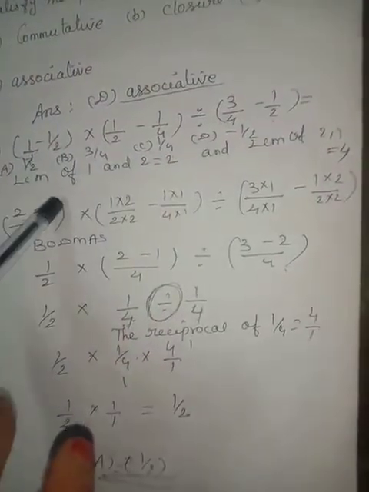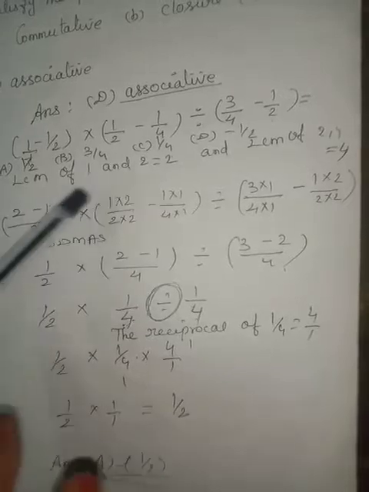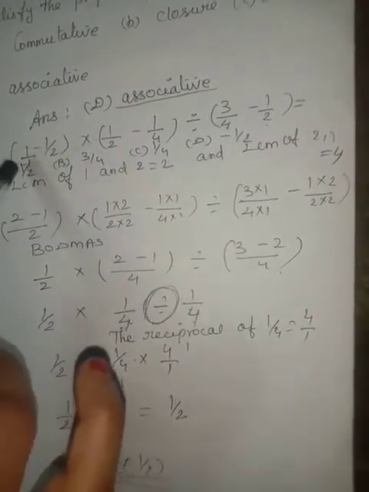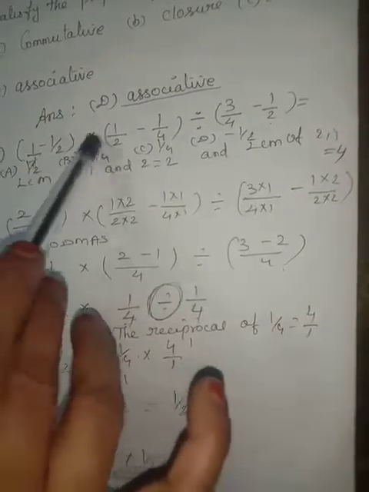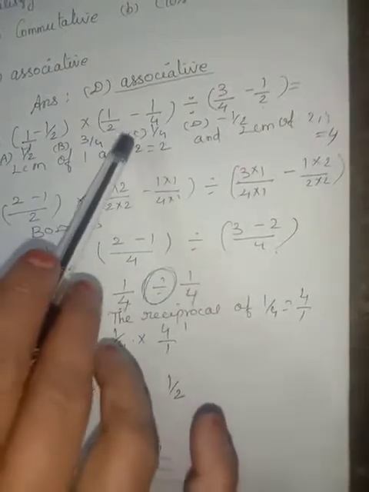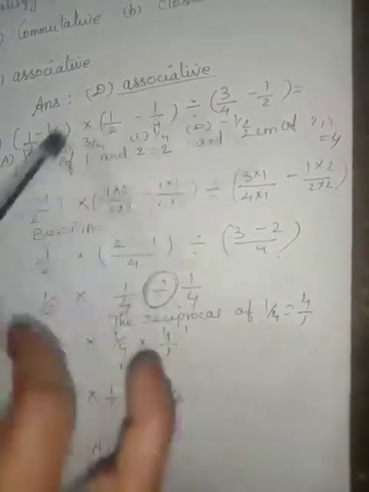Here we are using the BODMAS. That is the order in which we are going to solve these sums. So first simplify the bracket, then the next brackets, and then divide and subtract.